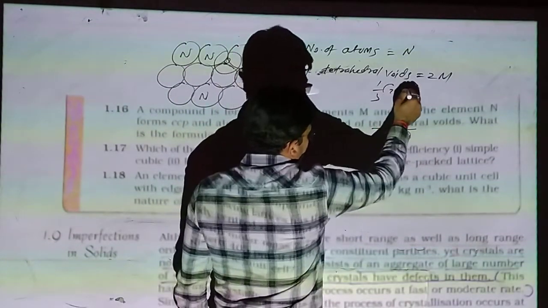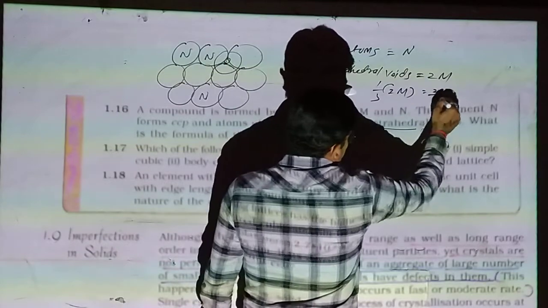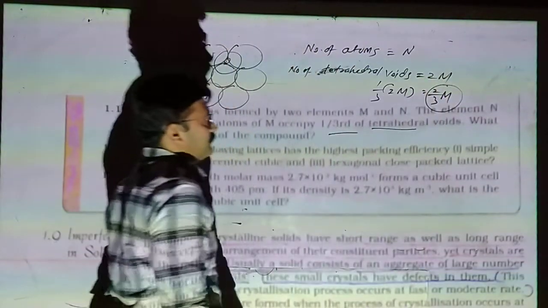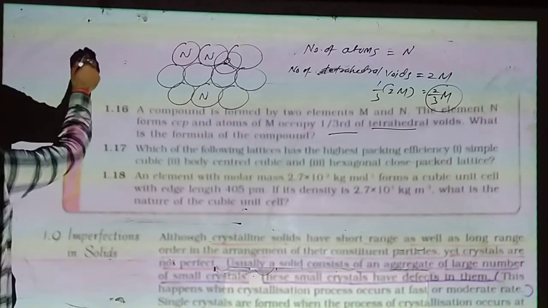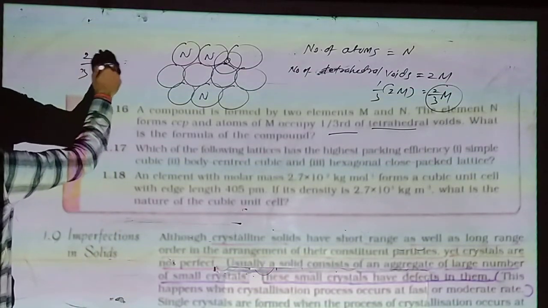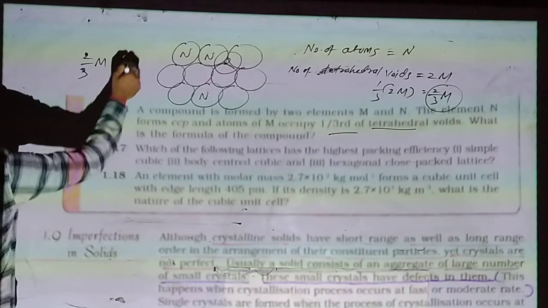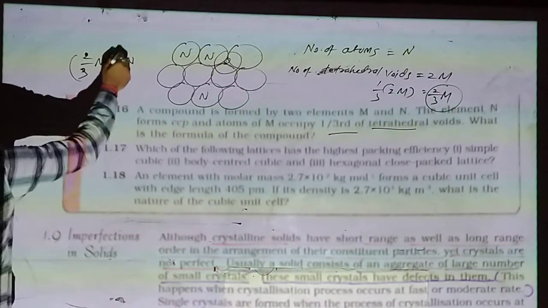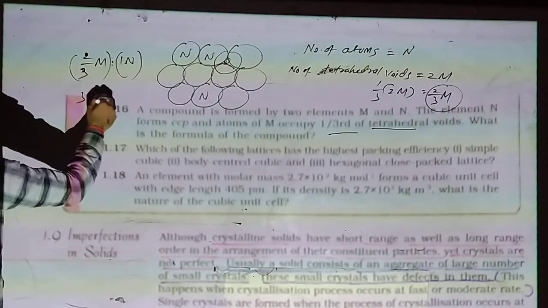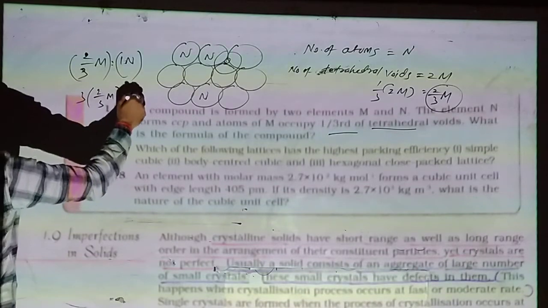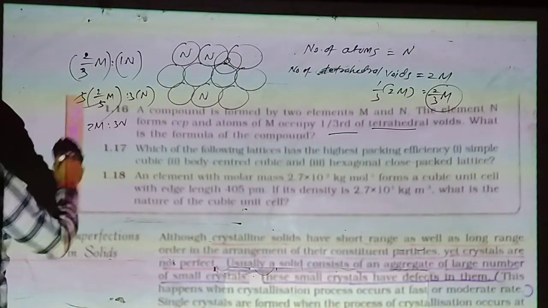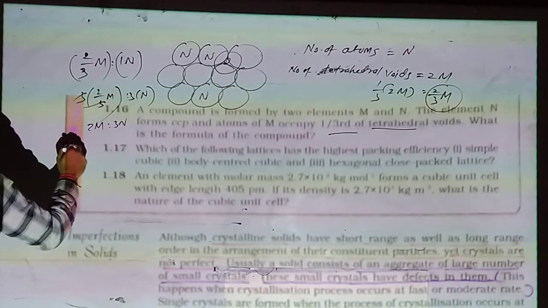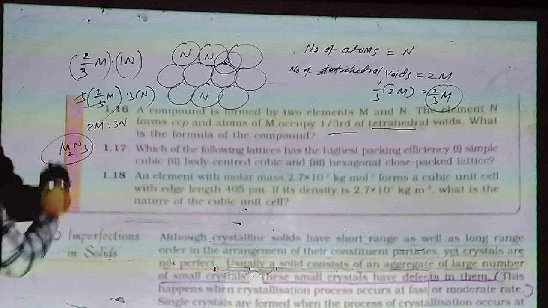So 1/3 of 2n, so 2/3 of n. So 2/3 m and 1 n. We are taking the LCM, multiplying both sides by 3. So 2m and 3n. So M2N3 is our answer.